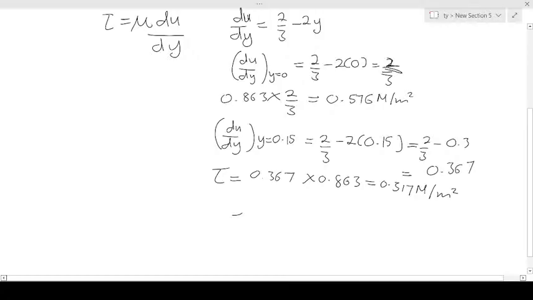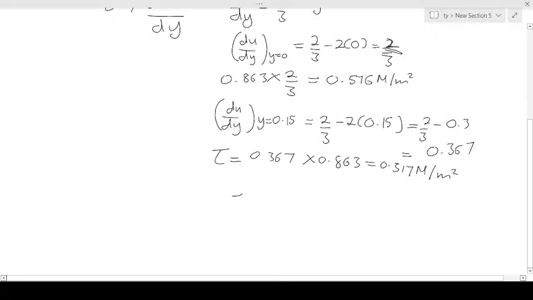Okay, so for the next question, we have a plate which is 0.025 millimeters distance from a fixed plate. So that means we have a plate that is fixed, and we have another plate.